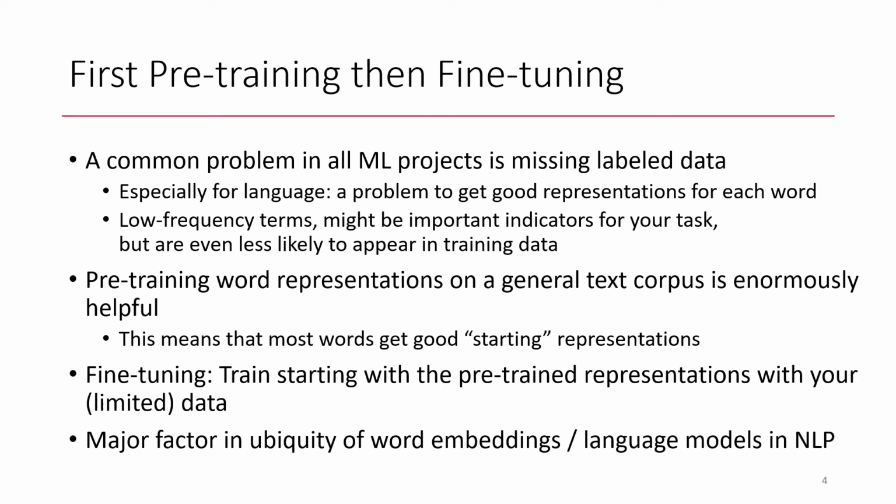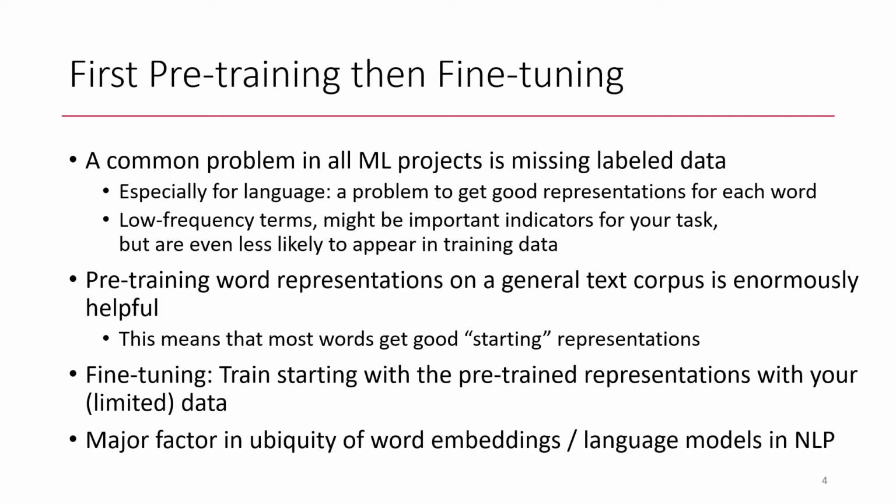A very common problem, and therefore practice how to deal with it in all kinds of machine learning projects, is we often don't have a lot of data, because labeling data is most of the time pretty expensive, or you need a big user base to create noise-free click data or so.